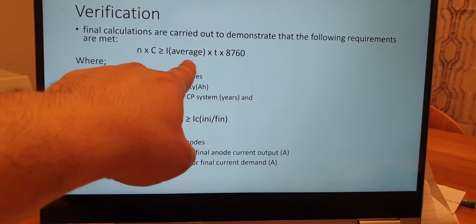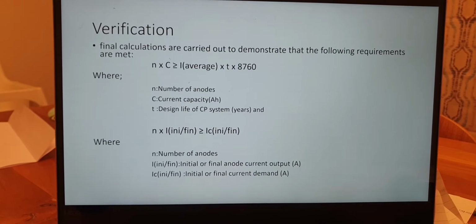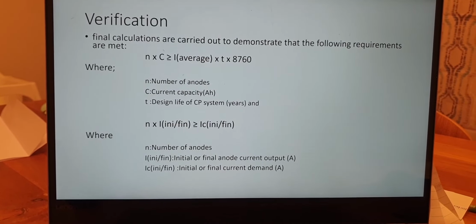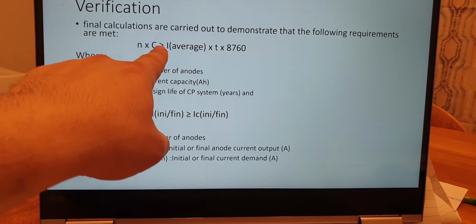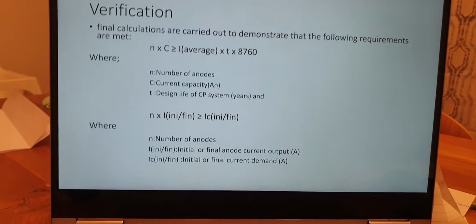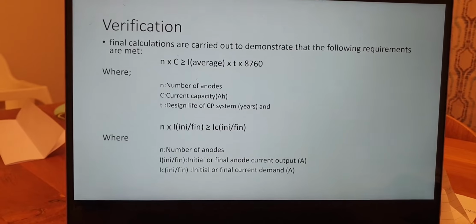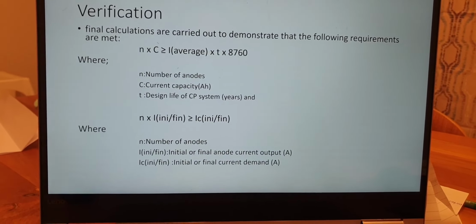to the current average times hours. If this is larger than that, it means that the anode we selected is fine for the intended purpose. If not, we need to increase the number of anodes and do the calculation again.